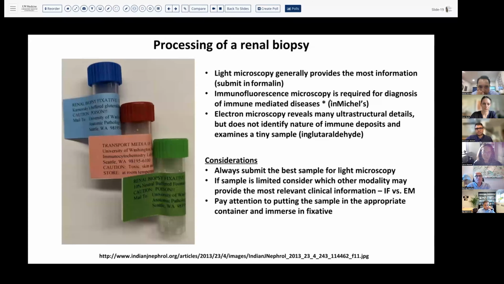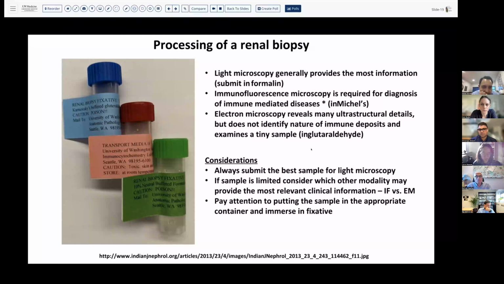So before we go into that, I just wanted to, again, orient the fellows in terms of what happens after you procure a kidney biopsy. So you've probably seen these vials if you've done the biopsy here in our system. We provide 3 vials. They have actually different fixatives in there.